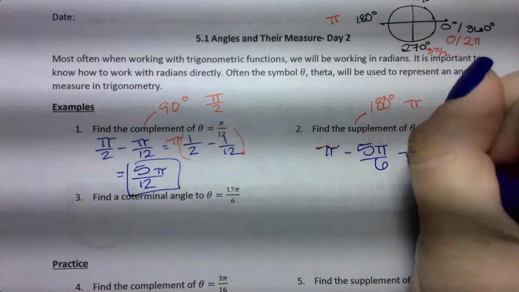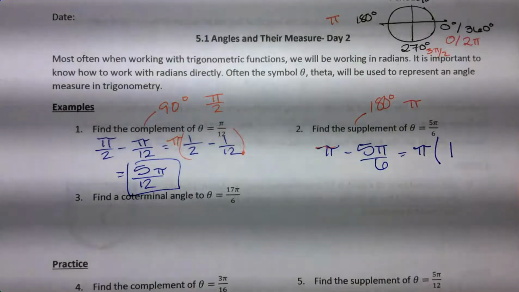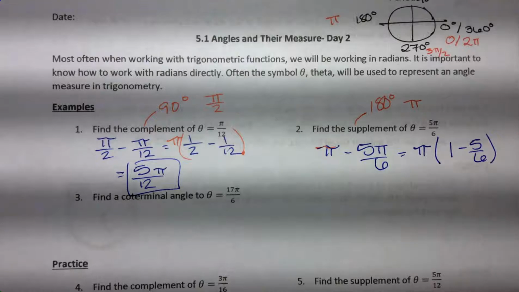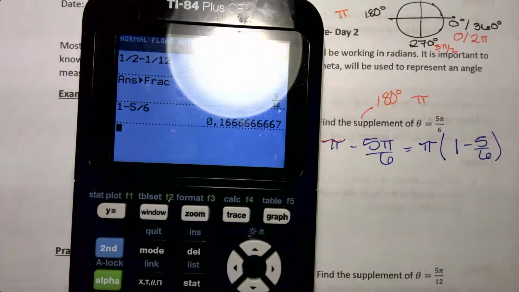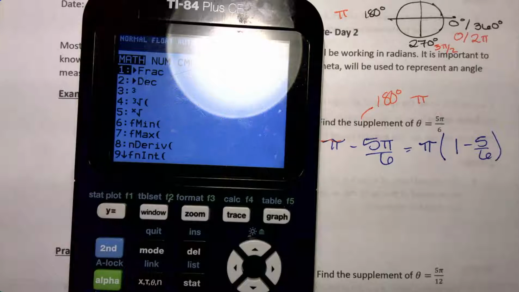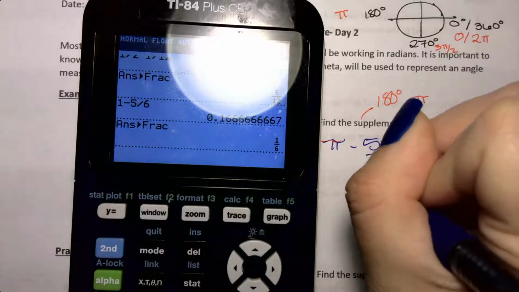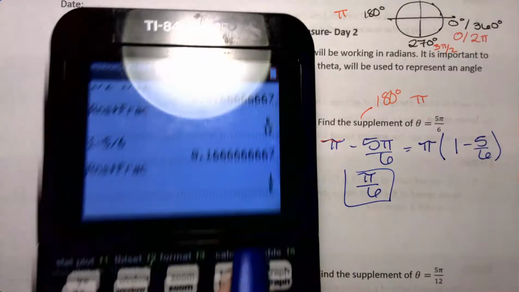So again, I could pull out the pi. And I just have, remember, anything divided by itself is 1, minus 5 over 6. I can type this into the calculator and turn it back into a fraction, which gets me 1/6. So if I put my pi back in, 1 times pi is just pi. So my answer here is pi over 6.